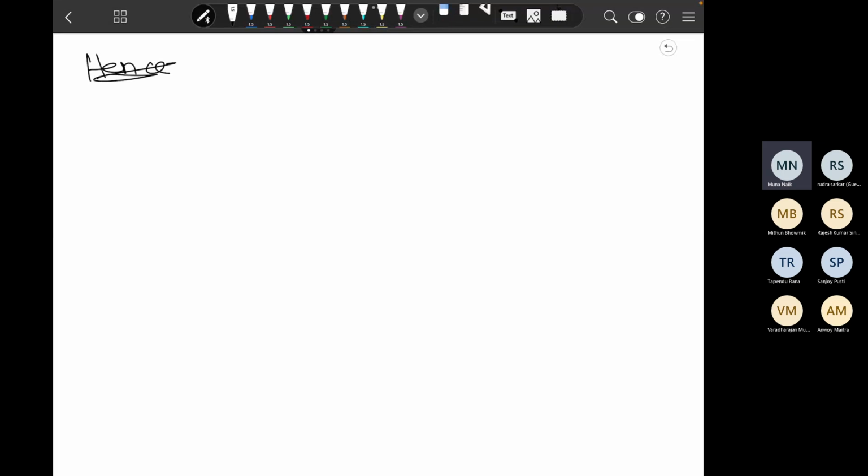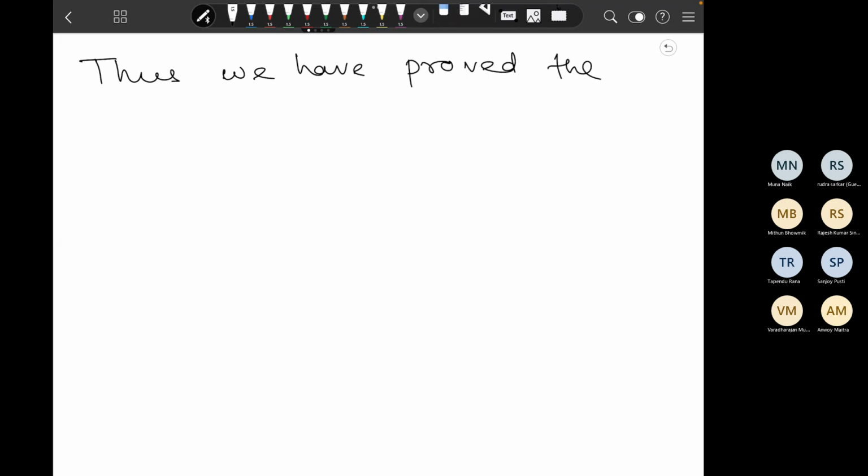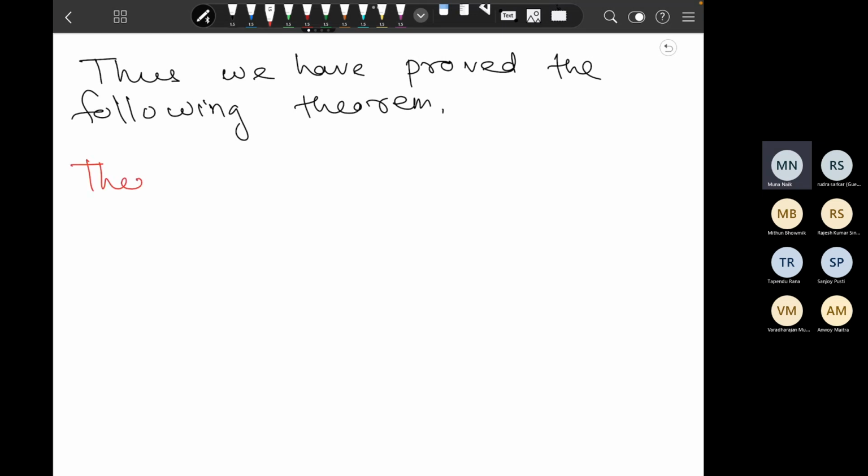So now the theorem. Thus we have proved the following theorem. Let us write this as a proposition.